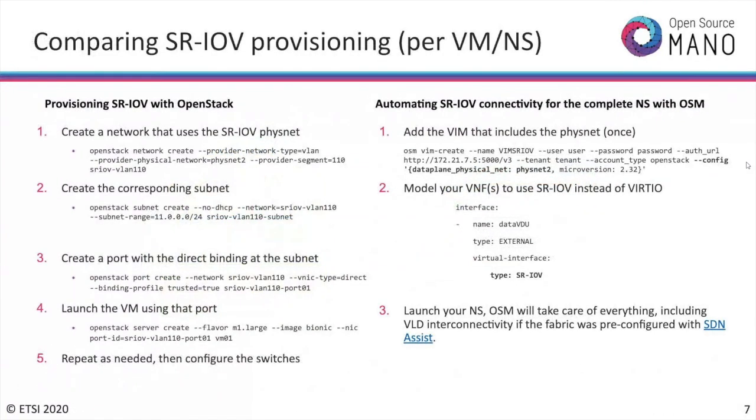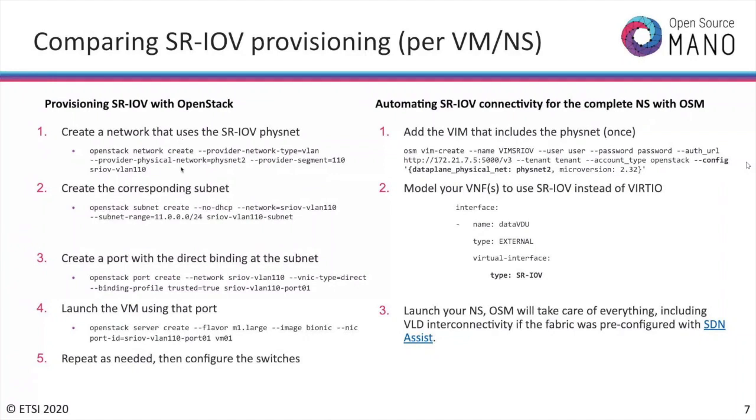Now, comparing how to provision SR-IOV in OpenStack and what OSM can do for you. Usually in OpenStack, you have to create a network that uses the given physical network that is mapped to the NICs you have enabled for SR-IOV.